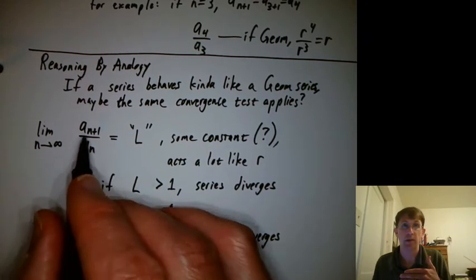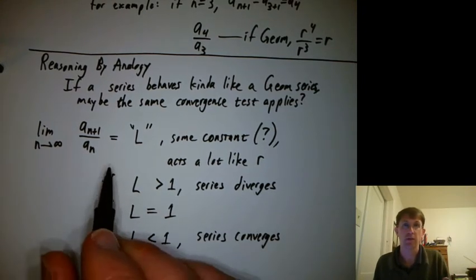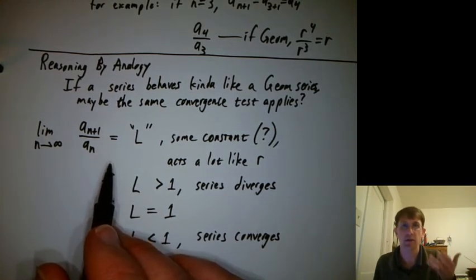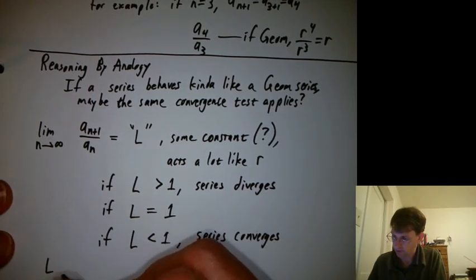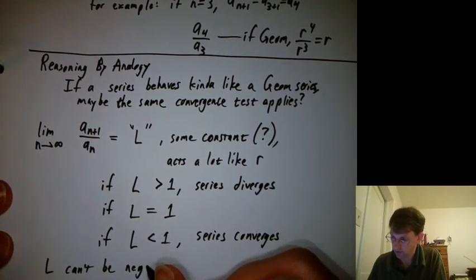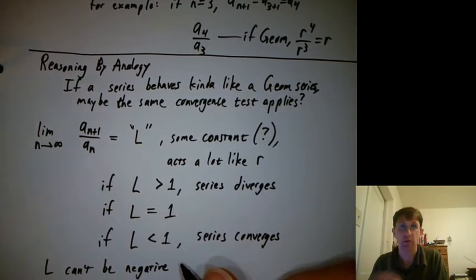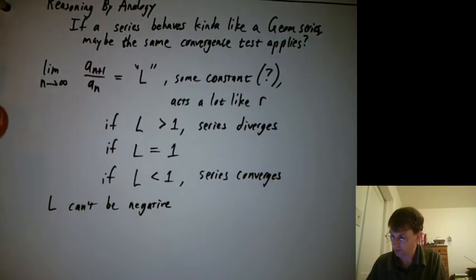Some books deal with that by putting an absolute value on this ratio, so you can just throw out the negative. Our book says let's only apply this to series that are already all positive, so L can't be negative.